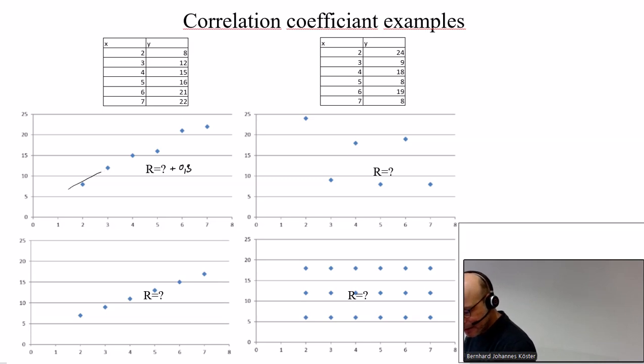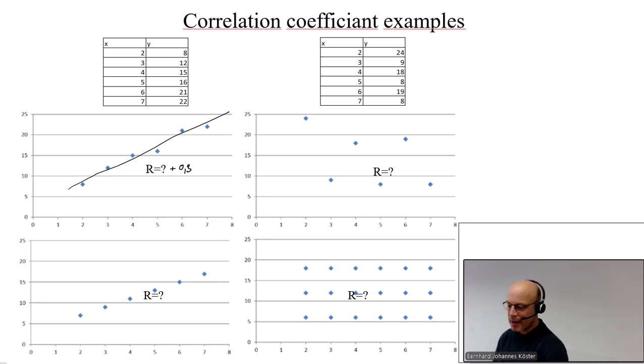Maybe our line would look like this. Actually, it is the same example as we have done before. Then it would be 1, yeah, it's plus, and by eye.